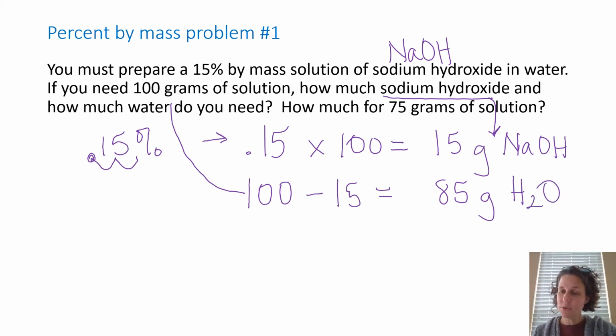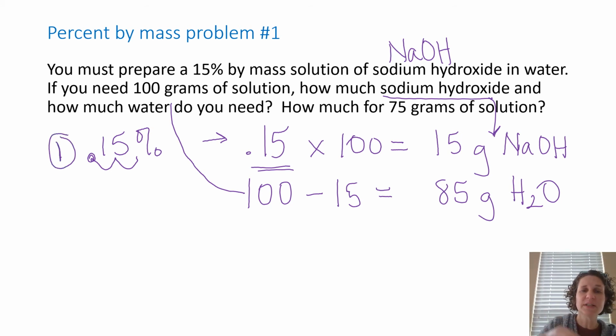So putting those two things together, 15 grams of NaOH and 85 grams of water would give me 100 grams of a solution. And because I figured the 0.15 in there for the 15%, I know that it is a 15% solution. Okay, so the steps are to change your percent to a decimal, first step.